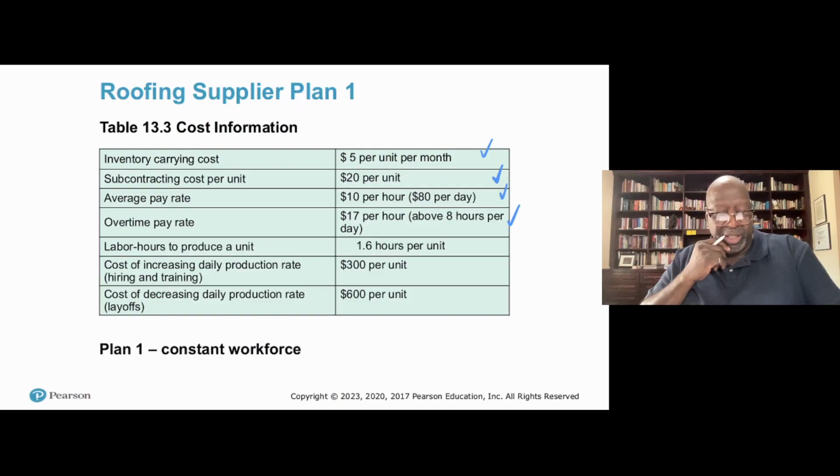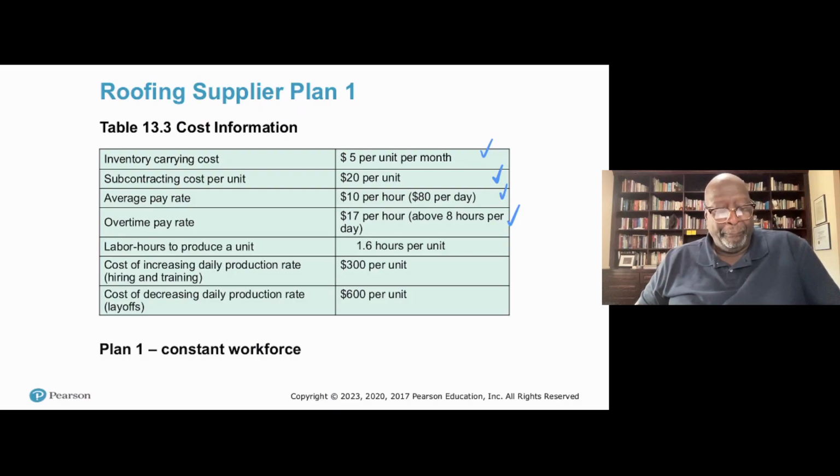The average pay rate is $10 per hour or $80 per day. If you have 8 hours per day, then you could determine what the daily output of a worker is. So it gives you a sense of how many workers you need to have to meet a particular production rate.